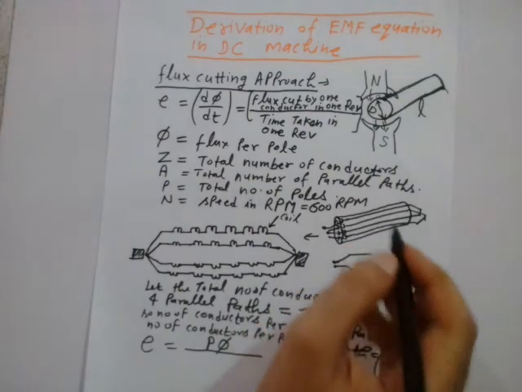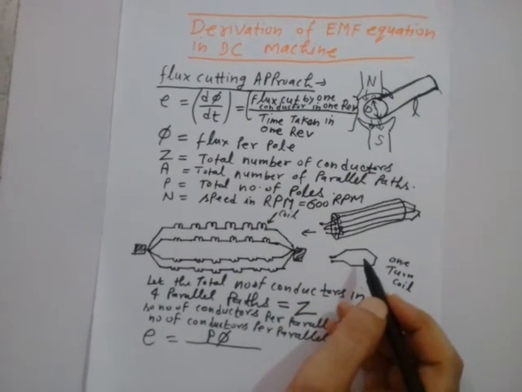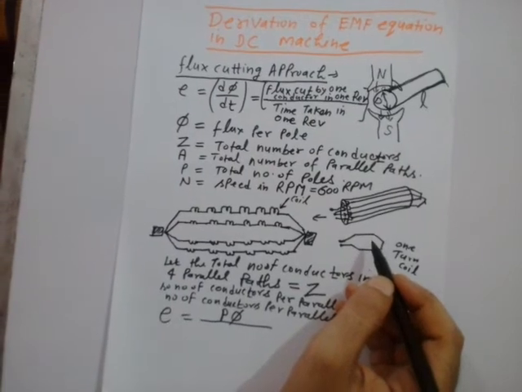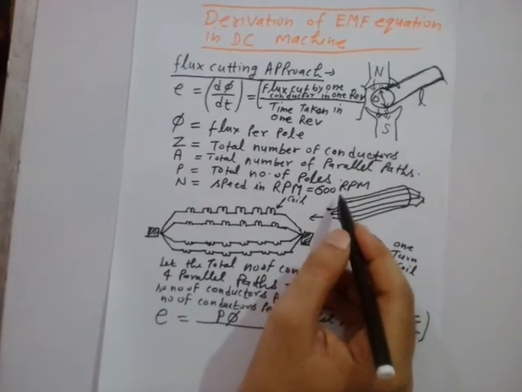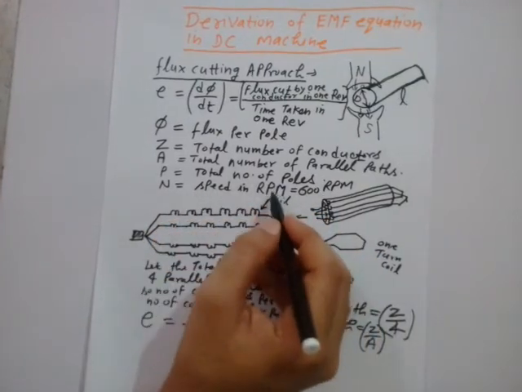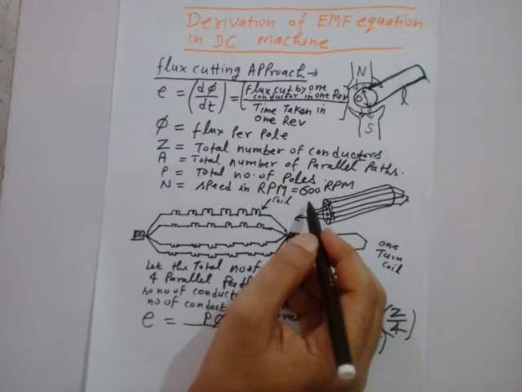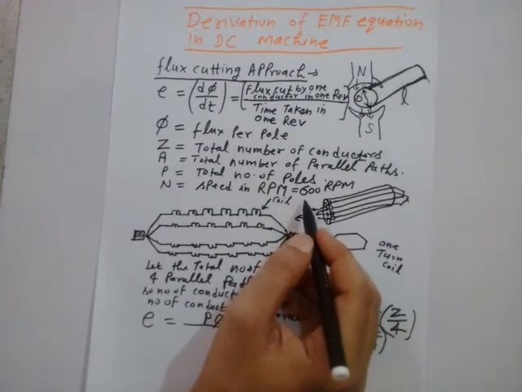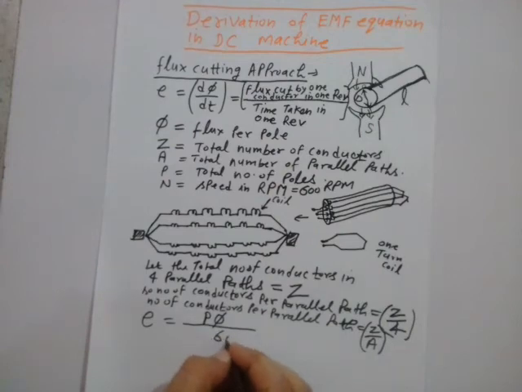For this particular example, 60 by 600. Similarly, if I say that the speed is n rpm, n revolutions per minute, then what is the time taken in one revolution? Definitely 60 by n, right? You understand now? 60 by n.